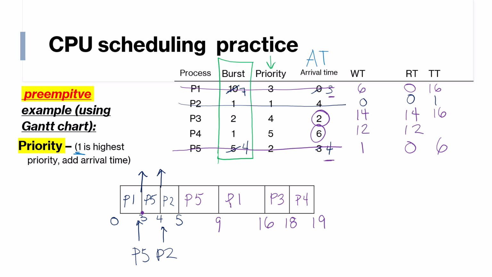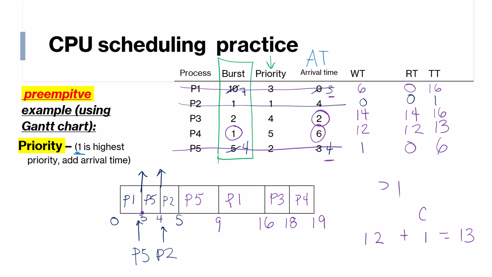And the turnaround time is going to be 13, which adds up because P4 has only a 1 time unit CPU burst. So P4's wait time, which is 12, plus CPU time, which is 1, equals 13.